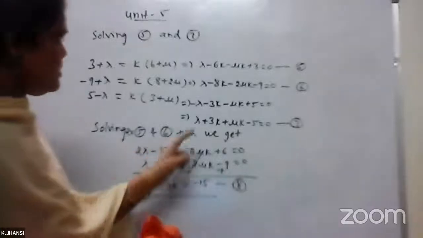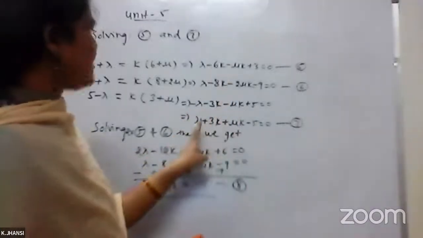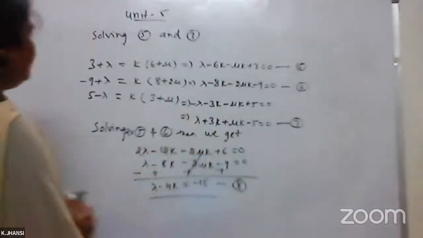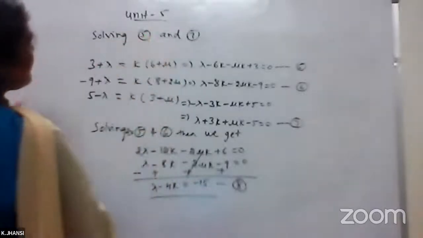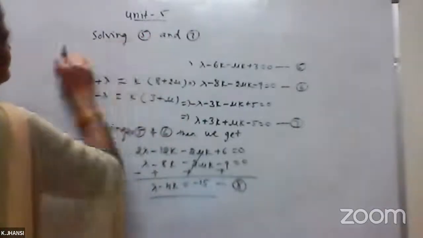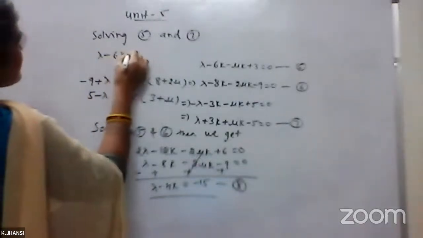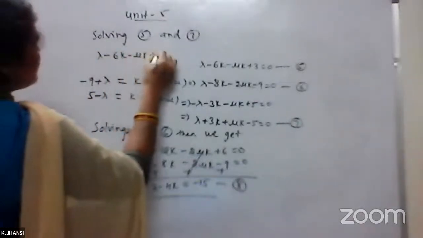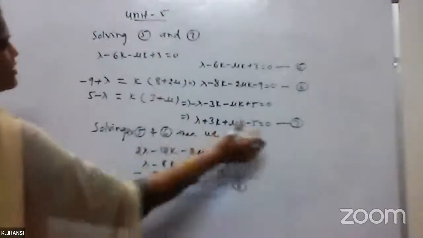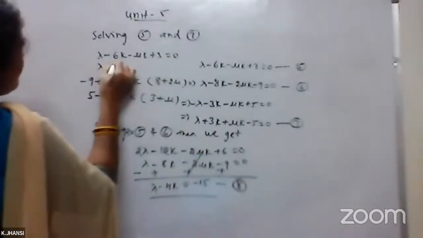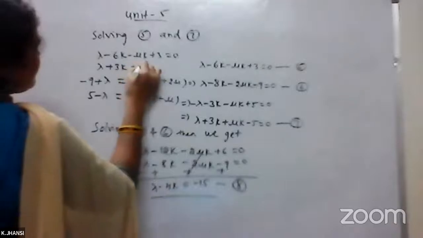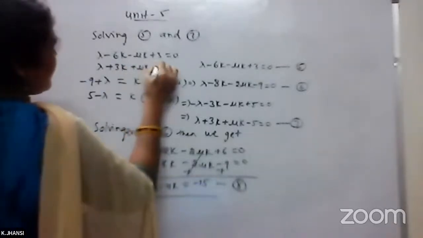So in 5 and 7 we can cancel out the mu k. That is lambda minus 6k minus mu k plus 3 equals 0. Next we have 7: lambda plus 3k plus mu k minus 5 equals 0.